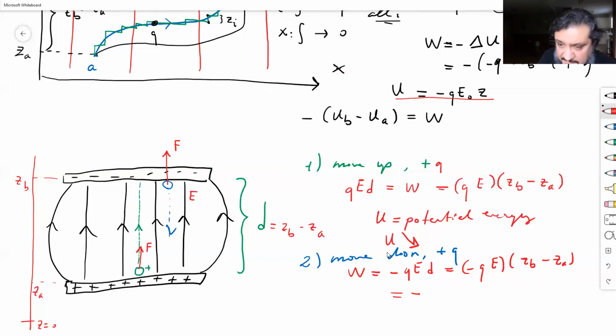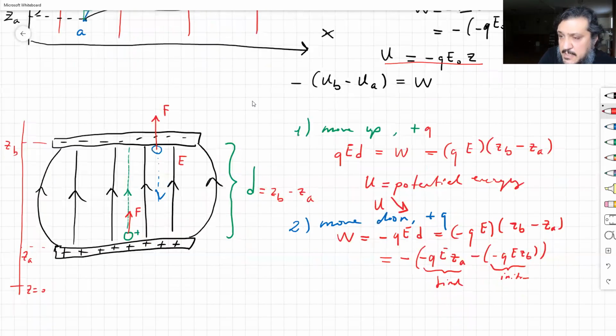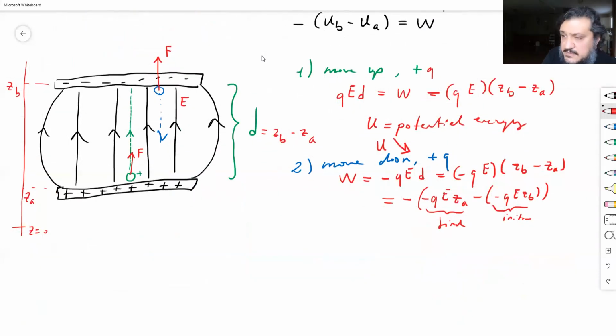This is the initial, this is the final for this case. So you would have, final is za: negative qE za minus qE zb. This is final, this is initial. So what happens? U increases.